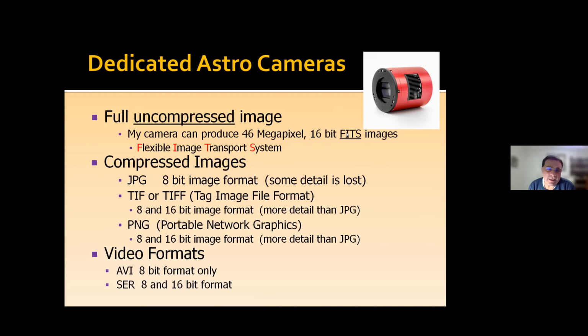I like saving in TIFF, and I noticed the file size is much larger than PNG. A TIFF may be 10 megabytes, whereas a PNG will be 300 kilobytes. I mean, it's a huge difference.